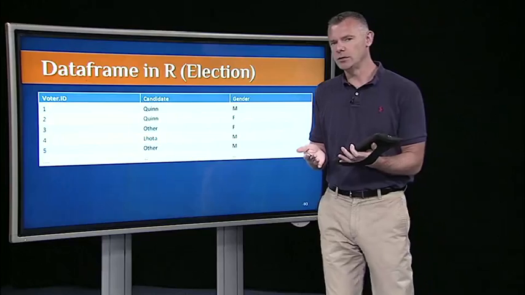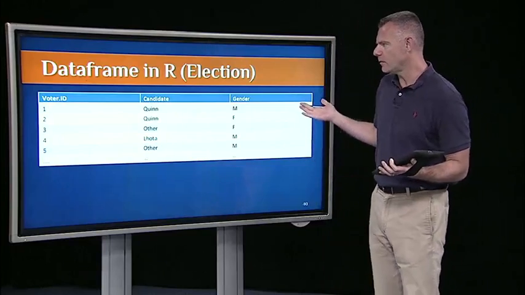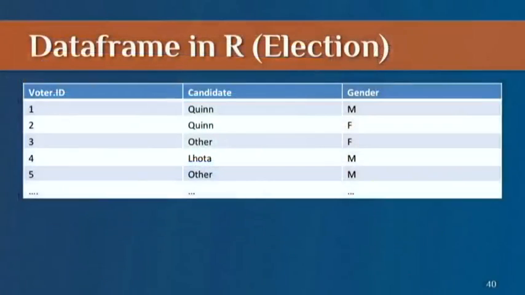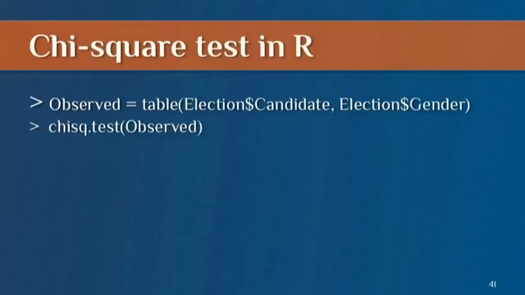Again, let's look at how we would do this in R. Your data frame would look something like this, where you have the information for each voter represented on a row. What we need to do is use that table function in R with our election data frame.